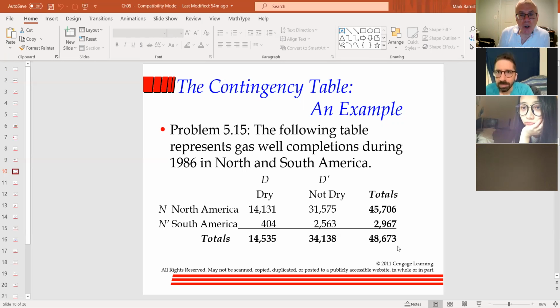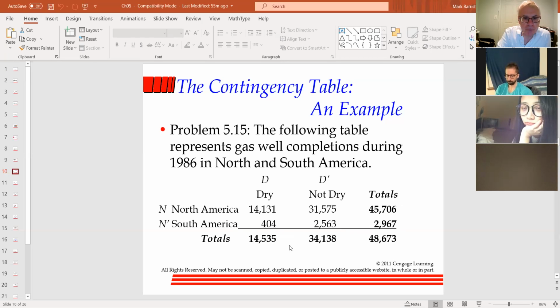How many total were dry? 14,535. That's right. So these are marginal totals. Notice they use the word margin because they're in the margins. You see? These are margins and these are margins, right? And this is the grand margin, the grand total. And notice that the marginal totals, both for the rows and for the columns, equal the grand total.